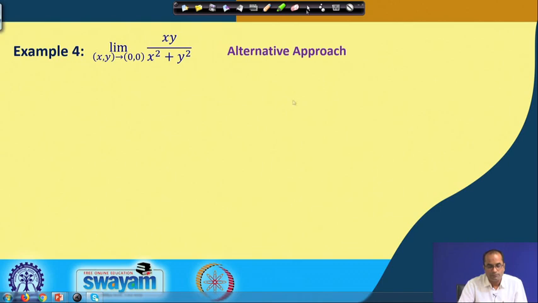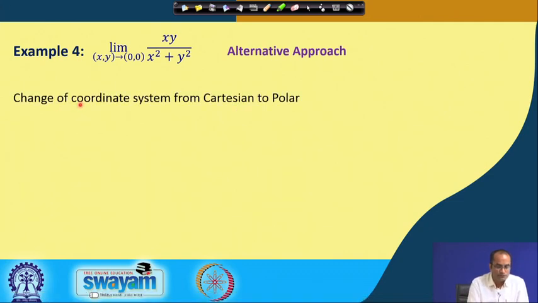An alternative approach to compute such a limit could be using a different coordinate system, and we can use the change of coordinate system from Cartesian to polar coordinates. In this case we know the transformation, that is x is equal to r cos theta and y is equal to r sin theta.